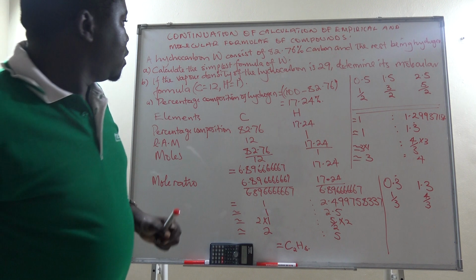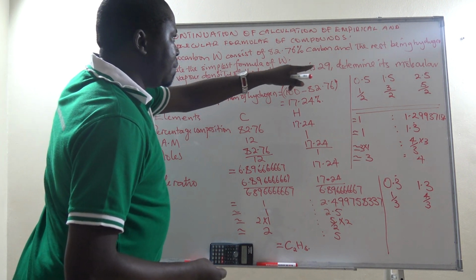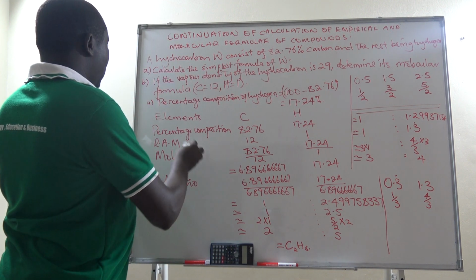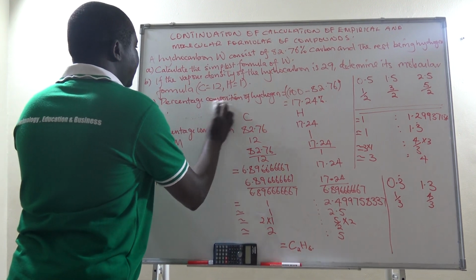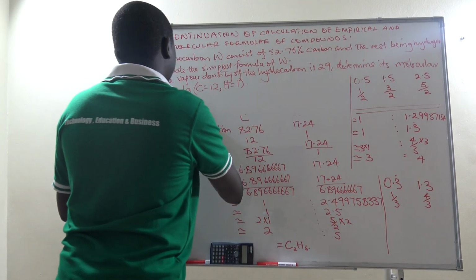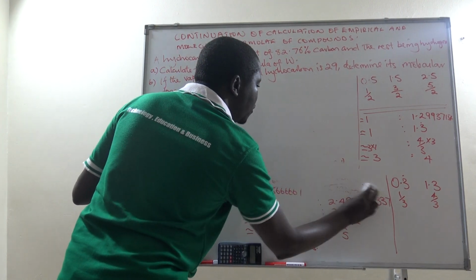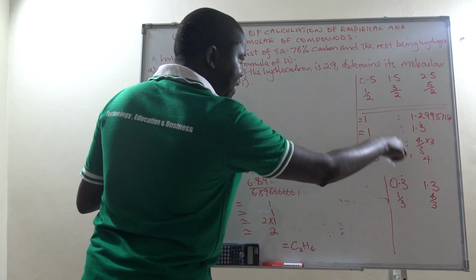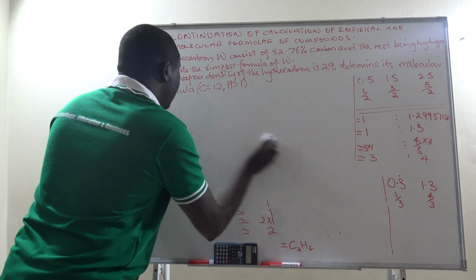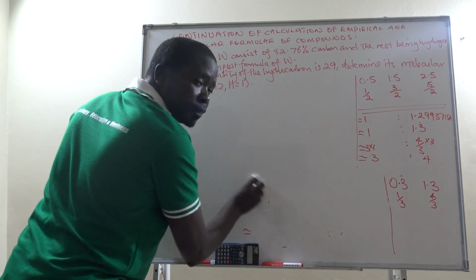Next is, they are saying we should calculate the molecular formula if the vapor density of the hydrocarbon is 29. So let me use this lower part here for calculating, in this case, the molecular formula of this hydrocarbon W. I believe that we have picked something here and here: how to convert the decimal value to a fraction which we then use for getting our mole ratio.